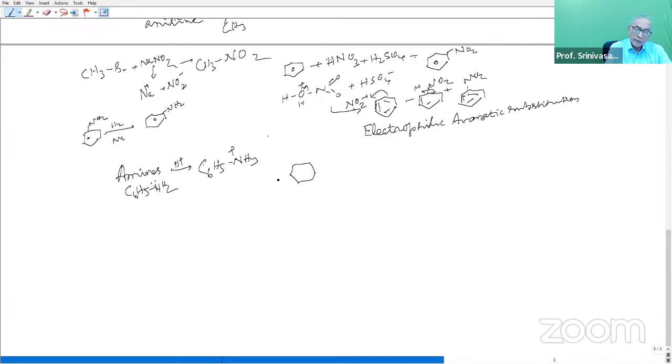If you have, for example, paranitro-aniline, the nitro group is electron withdrawing both by resonance and by inductive effect.